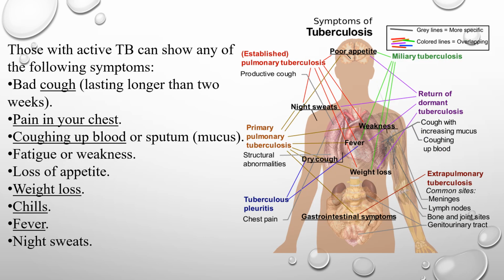So, if you see what the main symptoms are, the picture clearly shows poor appetite, night sweats, weakness, fever, dry cough, weight loss, and gastrointestinal symptoms like nausea and vomiting. There are also several risk factors, such as sleeping in a closed room with no proper ventilation, overcrowding, and different types of smoking. All these things are some of the causes where you get severe tuberculosis.